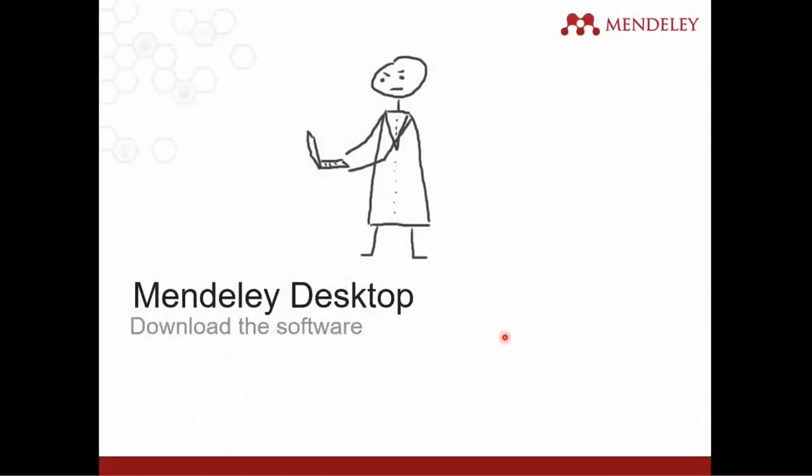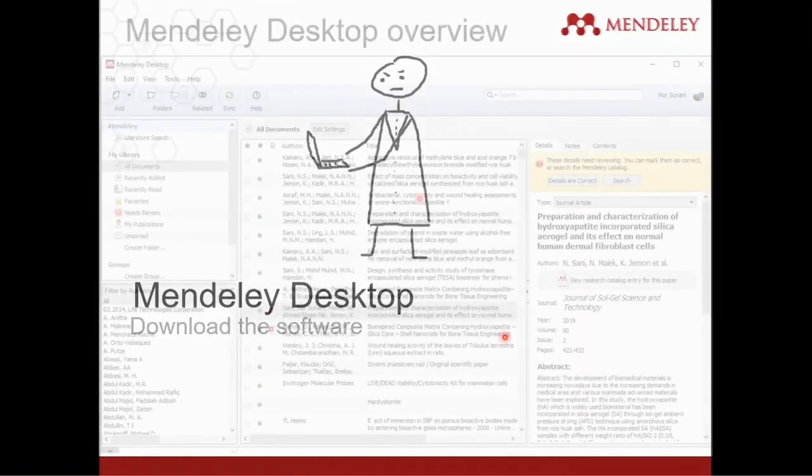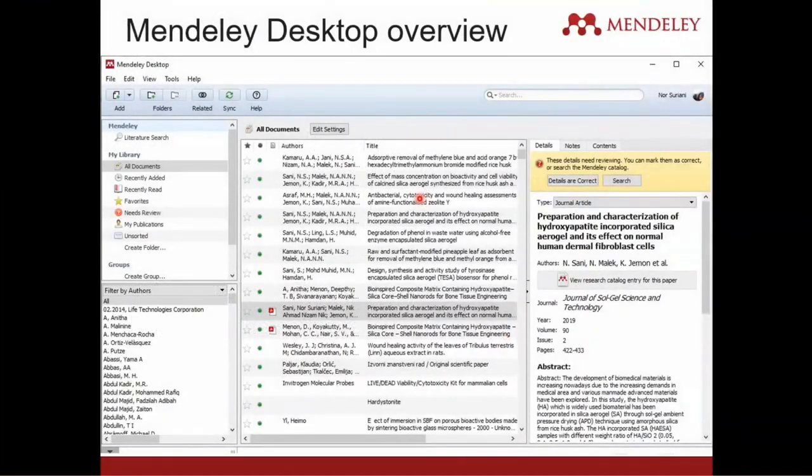This is a bit crucial: Mendeley desktop, which means you can open Mendeley on your desktop. When you open Mendeley desktop, you will need to log into your Mendeley account.